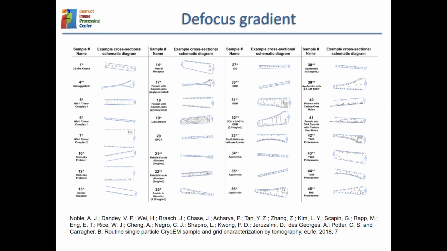This is another interesting idea. These particles are not all of them at the same position in the ice layer. So this is a paper in which they analyze many grids, and in these grids they found all possible kinds of configurations. So configurations in which the ice was pretty homogeneous, but it was tilted.